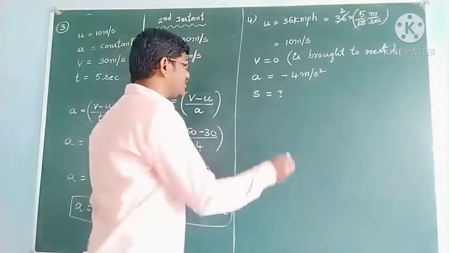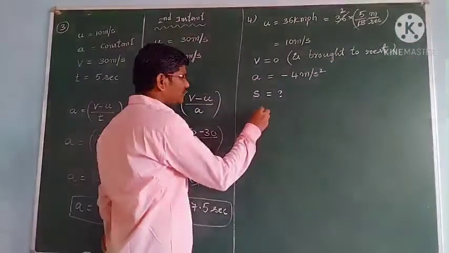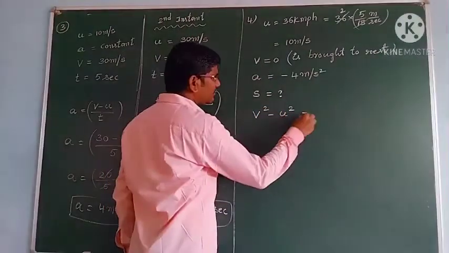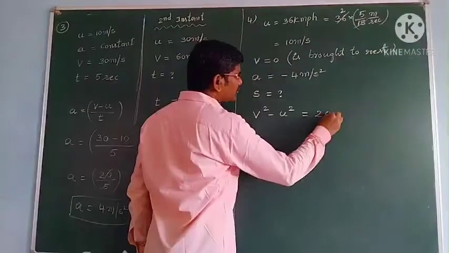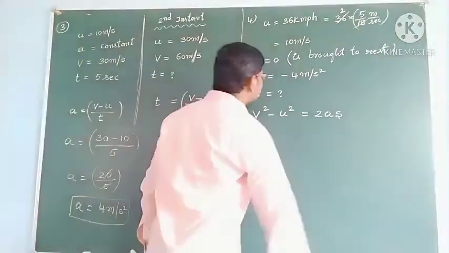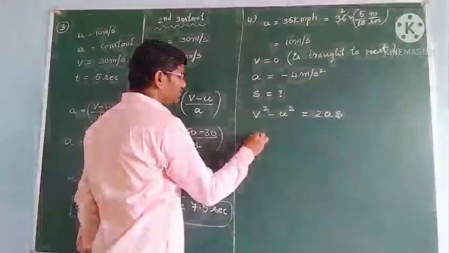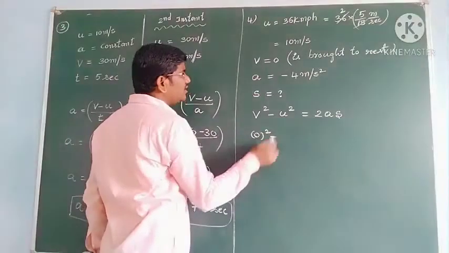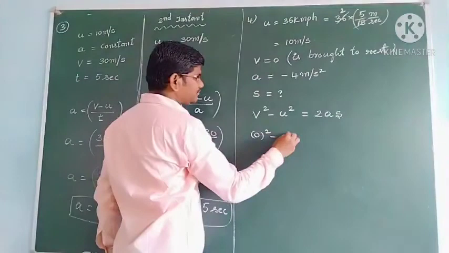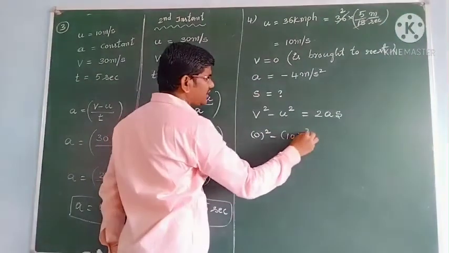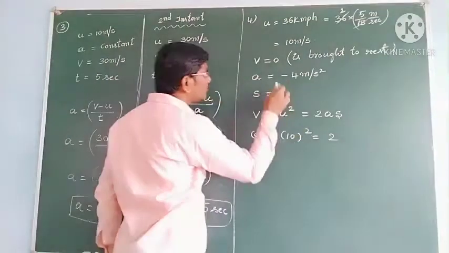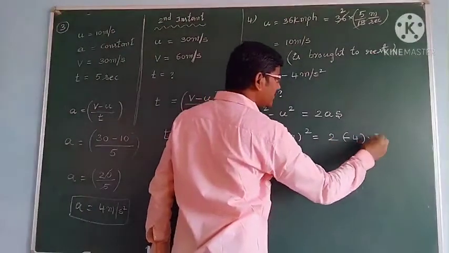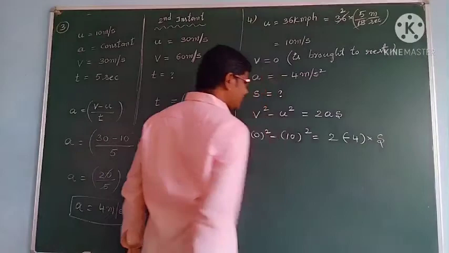Then the equation is, what is that? v square minus u square is equal to, what will you write? 2as. Okay, then v square means what will you write students? v square means 0 square and u square means 10 square is equal to 2 into retardation value they have given, a is -4, and we have to find the distance.